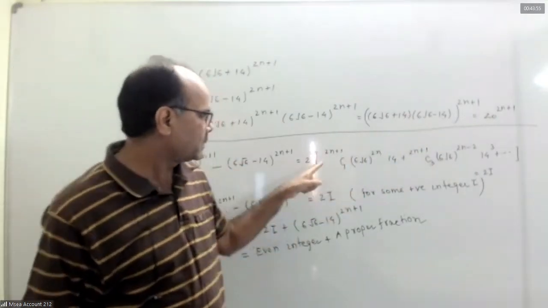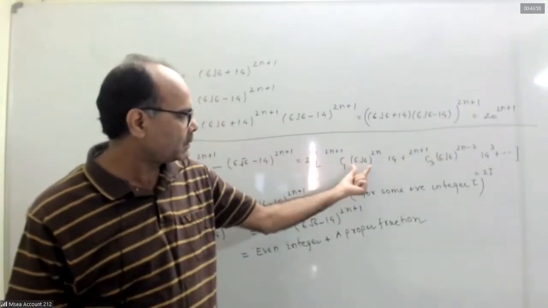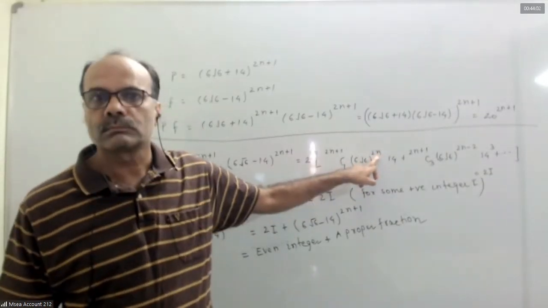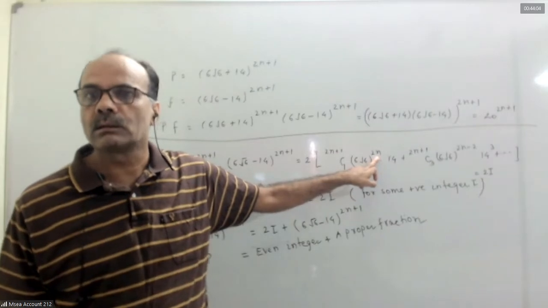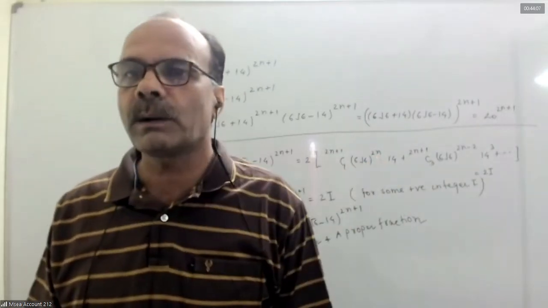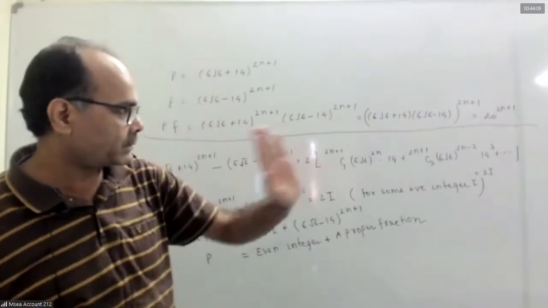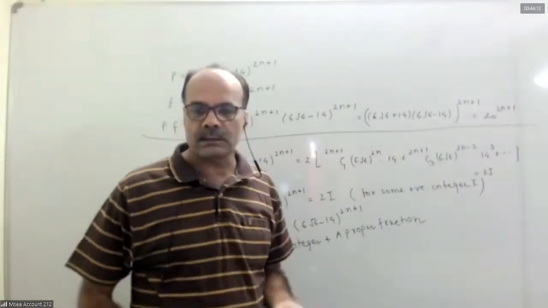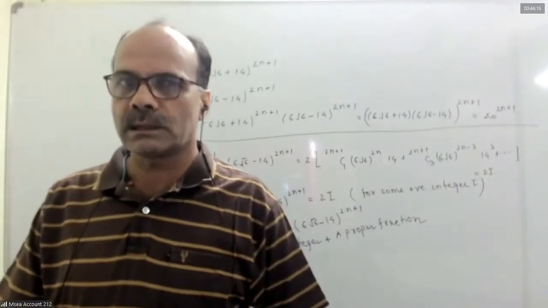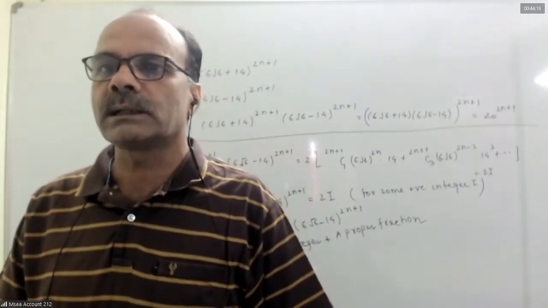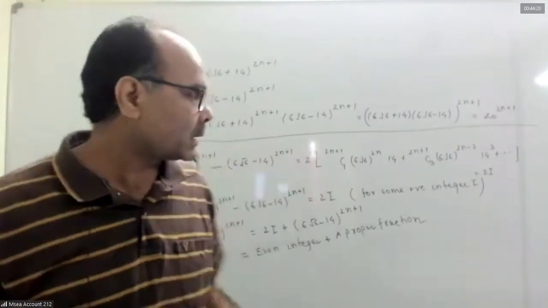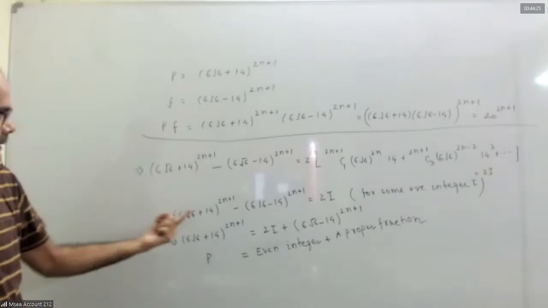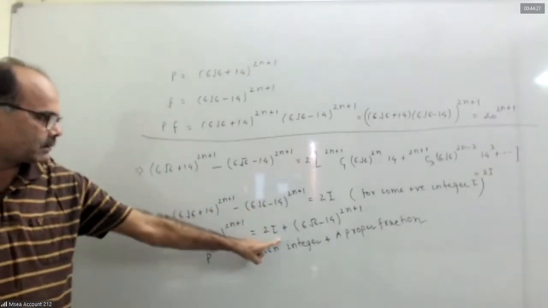Now it is simple. Within the bracket, it is integer because we have 6 root 6 to the power even integer always, in all the terms. You can check. So all the terms within the brackets are integer. Sum of integers is integer. Outside 2 is sitting, so the right side is an even integer. Left hand side equal to 2i, sending the second term to the right side.